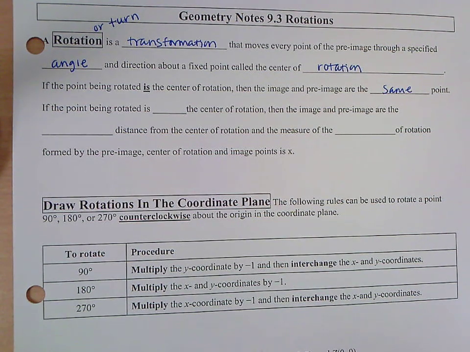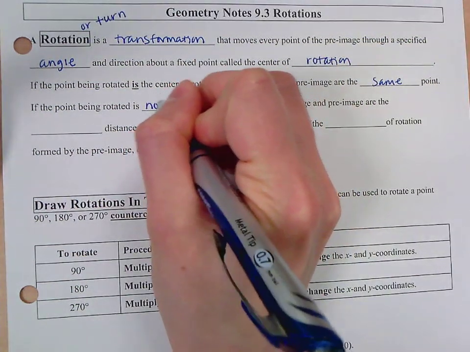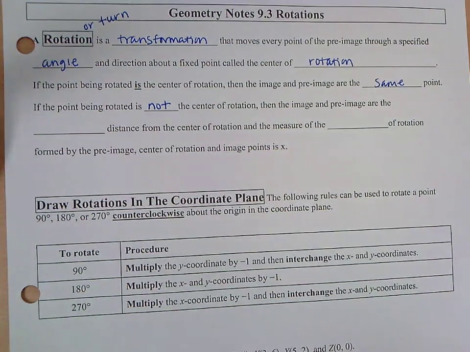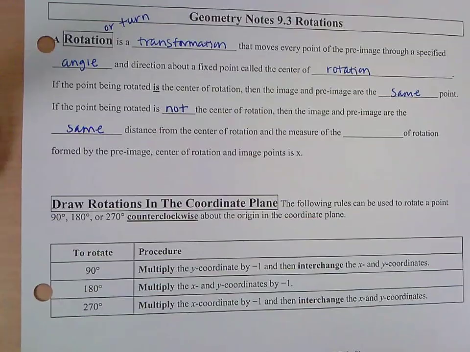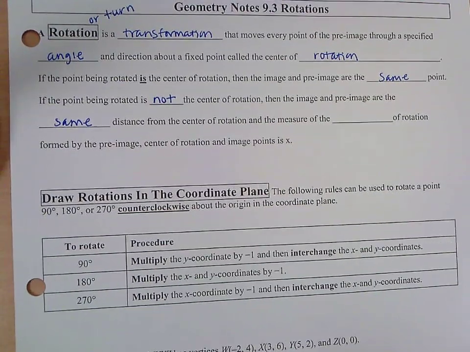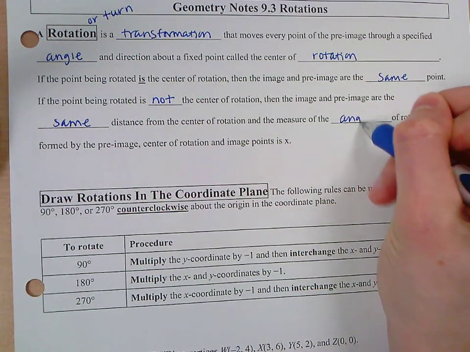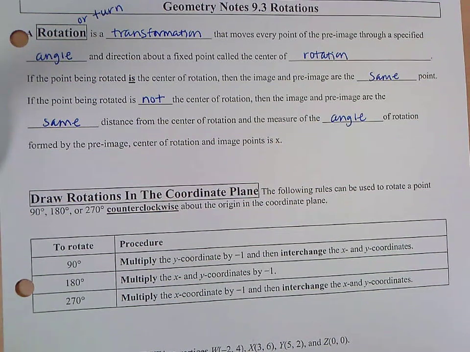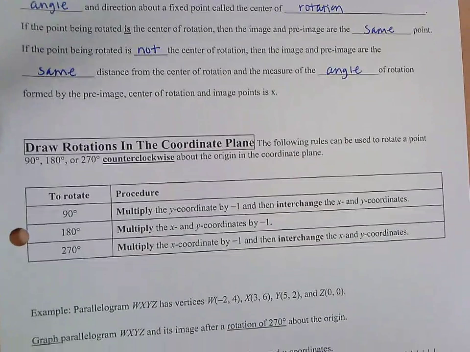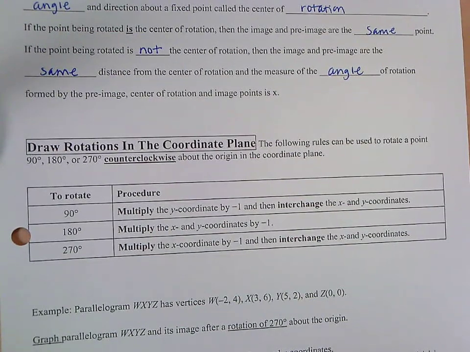But if the point being rotated is not the center of rotation, then the image and pre-image are the same distance from the center of rotation, and the measure of the angle of rotation formed by the pre-image, center of rotation, and image points is x, some x degrees, whatever that might be. And that's going to be given in the problem, what angle you are rotating about, or how much you're rotating it.